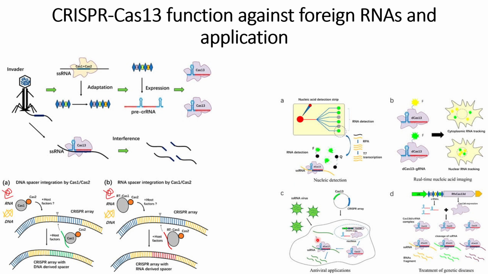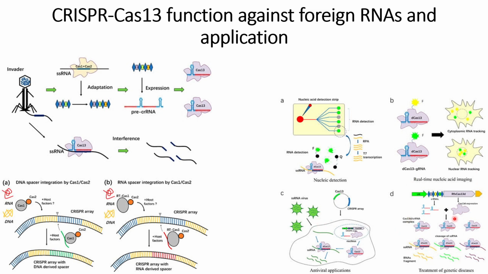So whenever the virus RNA is injected, the Cas13 CRISPR system will interfere with and break the viral ssRNA that causes the infection. In this way it can be used for antiviral applications.